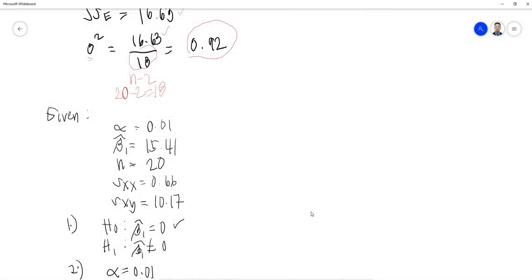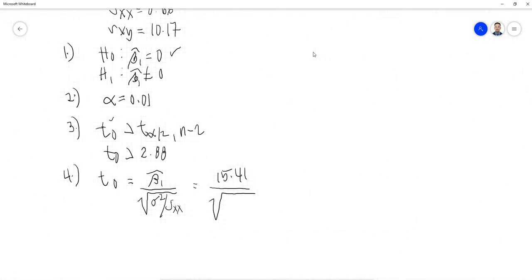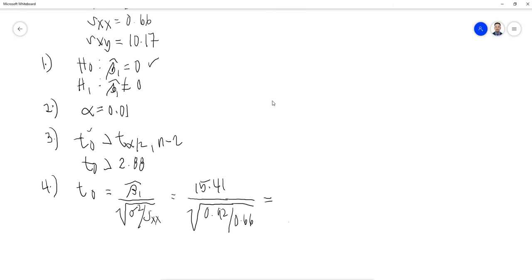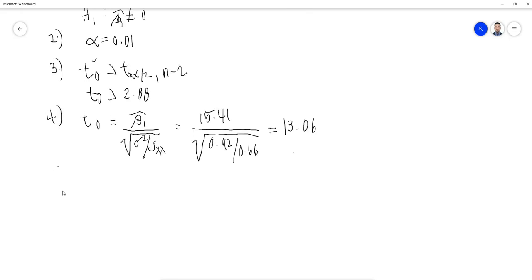Sigma squared is 0.92 divided by S double x is 0.66. Therefore our test statistic, t sub o, is 13.06.